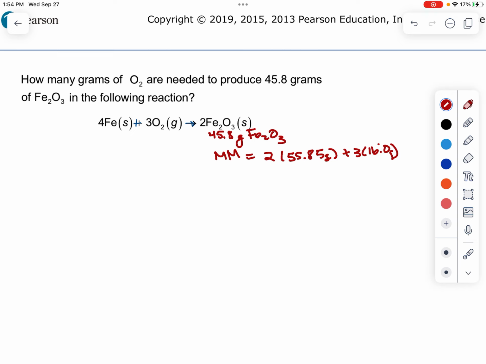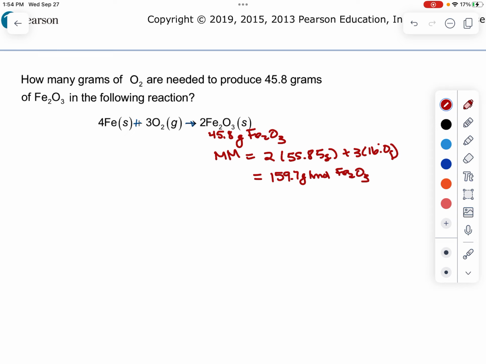So 2 times 55.85 plus 3 times 16, I get 159.7 grams per mole for Fe2O3. Okay, let's review our process.